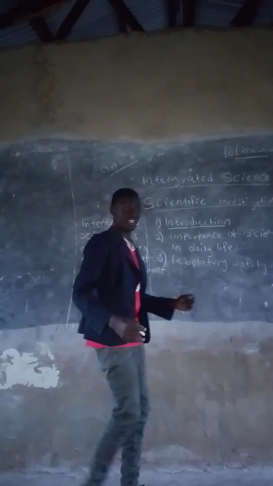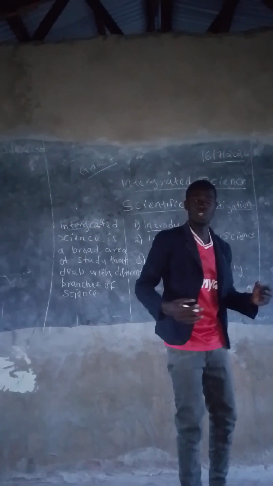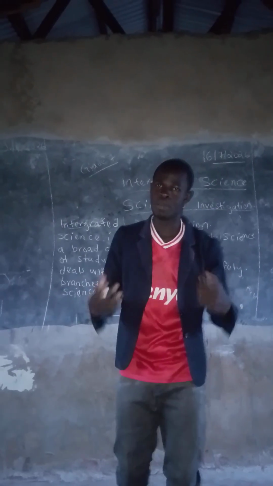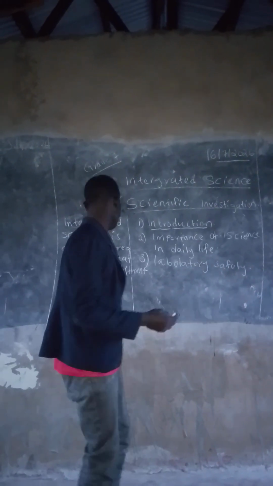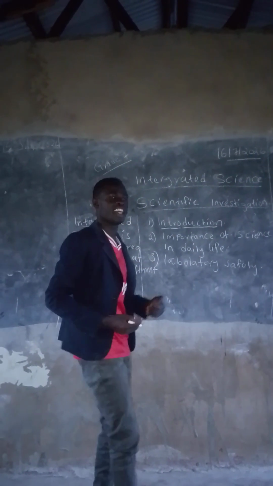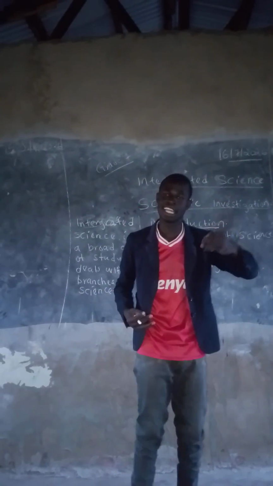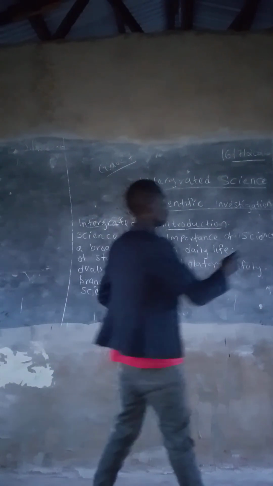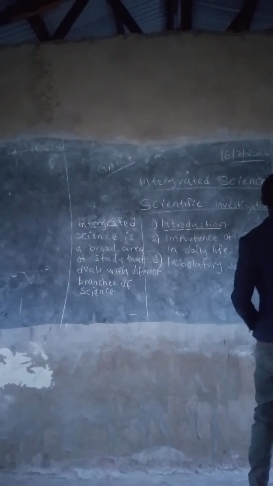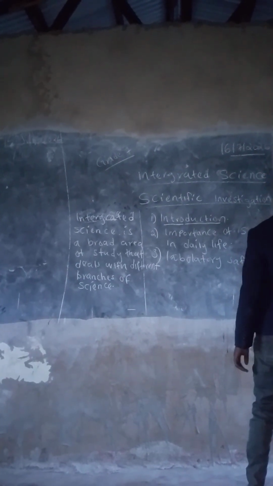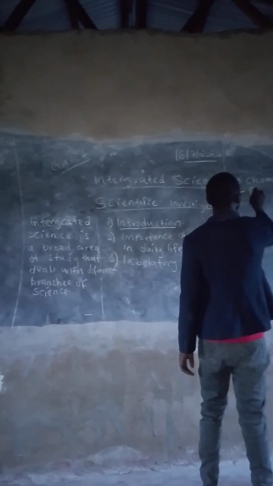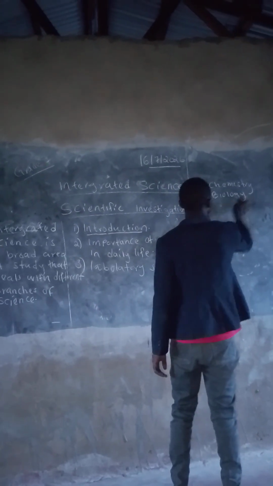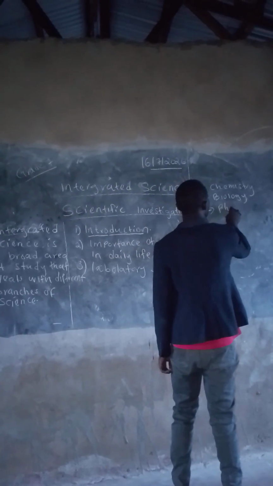And these branches of science include chemistry, biology, and physics. So in integrated science across grade 7, grade 8, and grade 9, we will be looking at those branches of science, which include chemistry, biology, and physics.